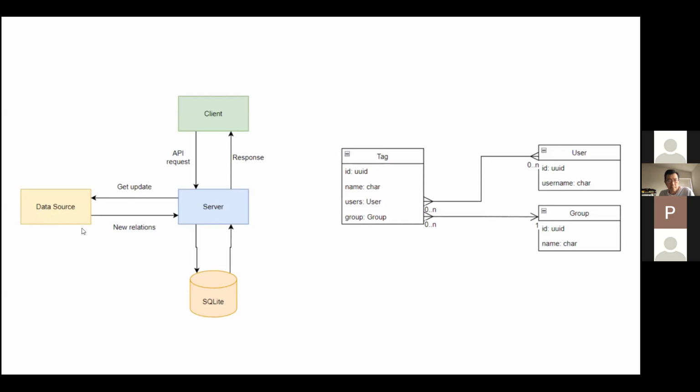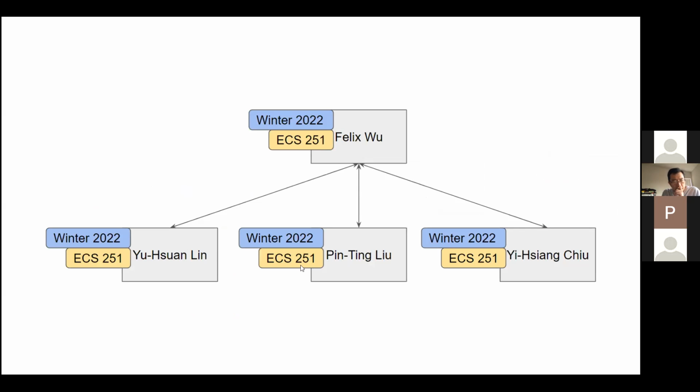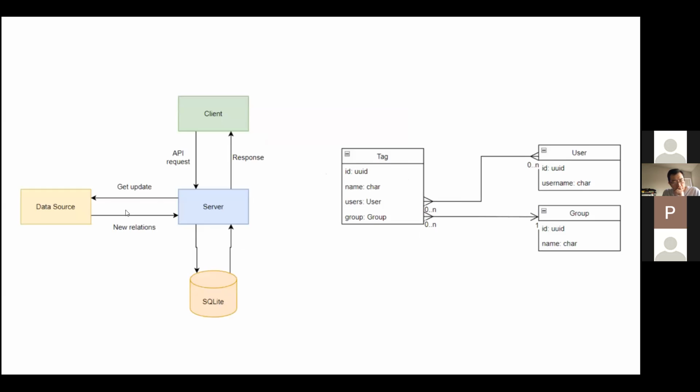And once I have a new relationship update, let's say 3 of us have another course in the same quarter, which is ECS 201A. Once I create this tag, 3 of us will update the data to my server.